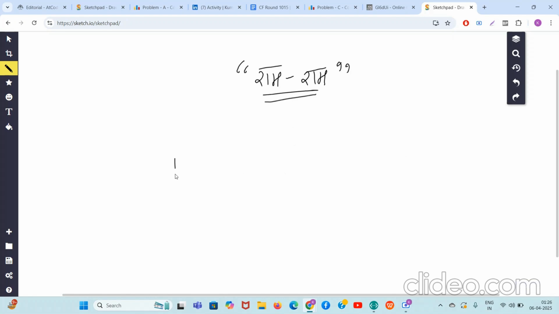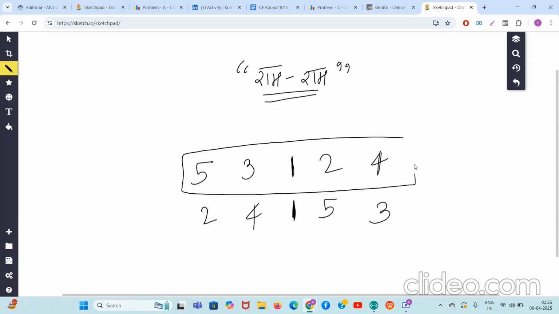Let's take a very nice example. This is your first permutation and this is your second permutation.